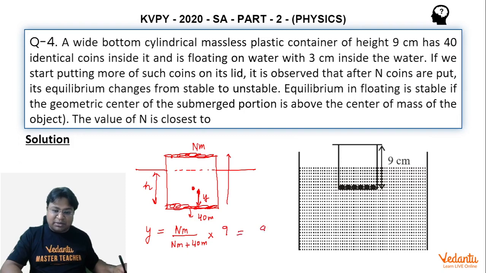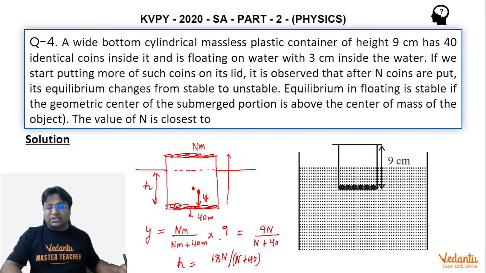So this becomes 9n upon n plus 40, and this is equal to h by 2. Or we can say h is equal to 2 times y, that is 18n divided by n plus 40. So we have expressed the submerged portion in terms of n.